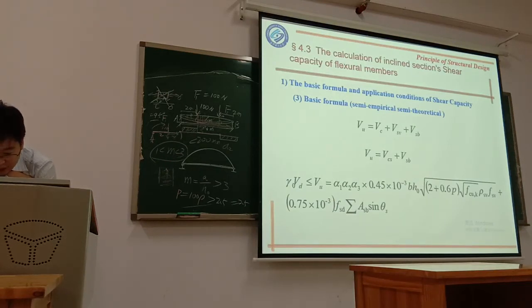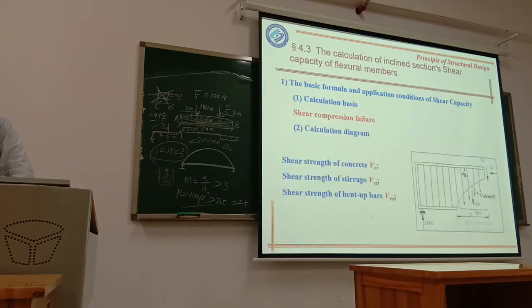And Asb is the total area of the bend-up bars within the cross section, and theta is the inclination of the bend-up bars tangent to the member axis. This force is in this direction, so you need to decompose it into horizontal and vertical parts. For the shear force, of course, we use the vertical part.